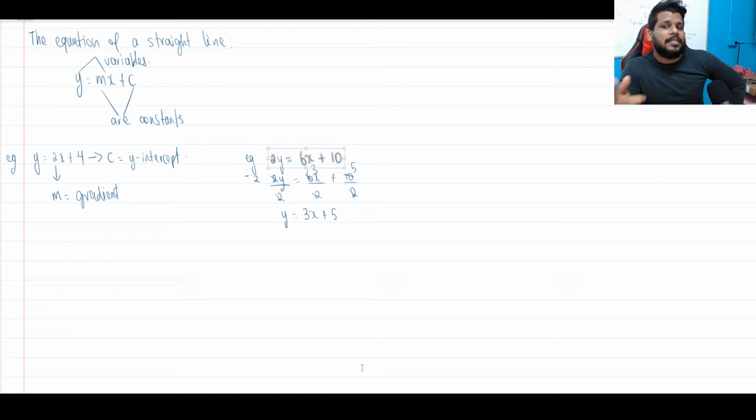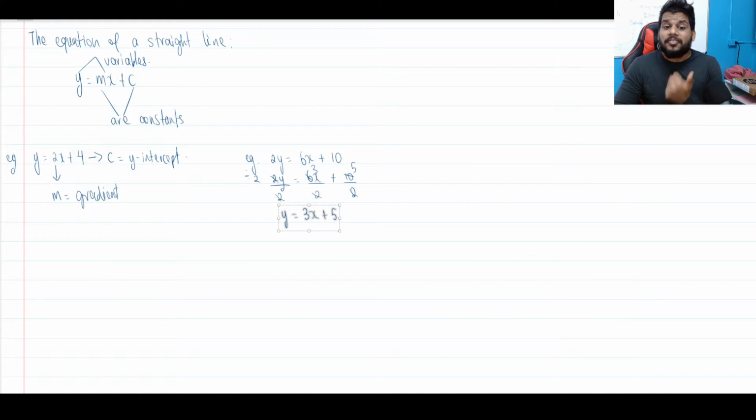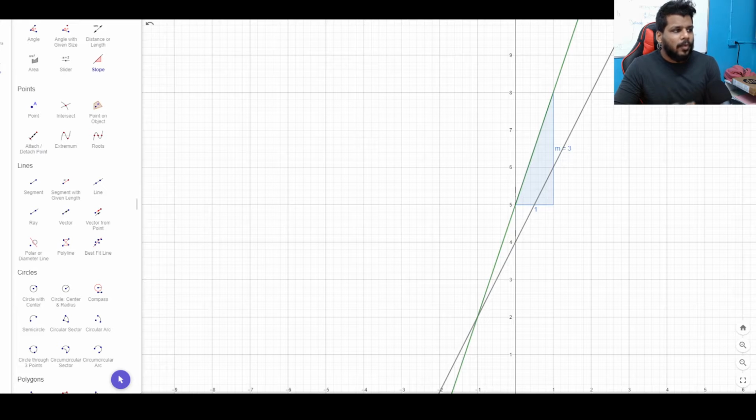I have 2y as mx plus c. So when I make little alterations and get the equation looking like y is mx plus c, I can read off the gradient, which is 3. Based on the green line, the gradient is 3 and the y-intercept is 5. That is where it cuts the y-axis.